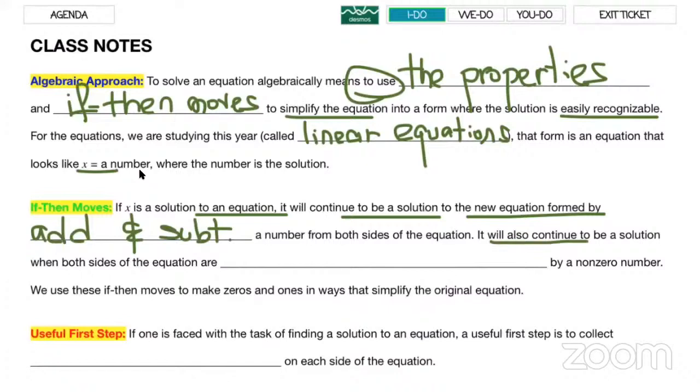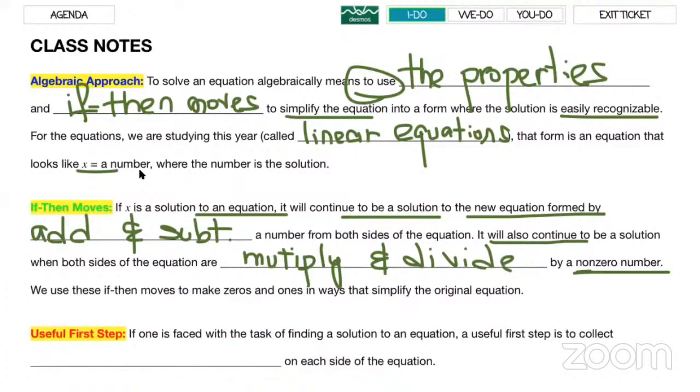It will also continue to be a solution when both sides of the equation are multiplied or divided by a non-zero number. So the last step, we always multiply or divide by a number, right? That number is not a 0, so that's why it says non-zero number. And that's not going to change, and that will continue to be a solution.